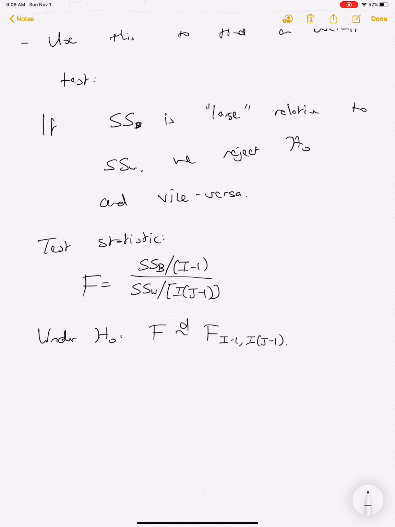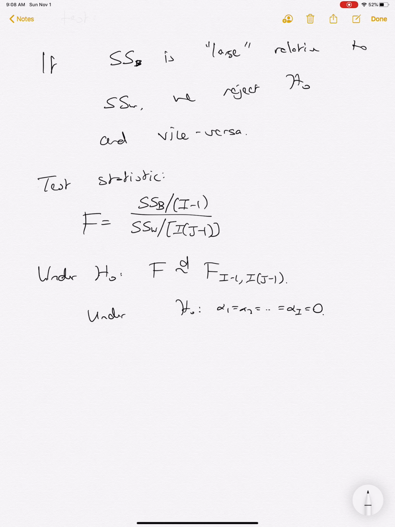And so this should be true under the null hypothesis that alpha 1 equals alpha 2 equals alpha I is equal to 0. Okay, and so this gives you a way to reject or accept the null hypothesis.